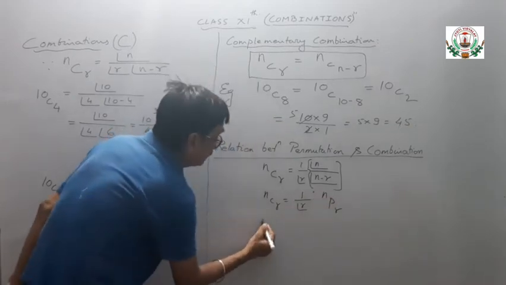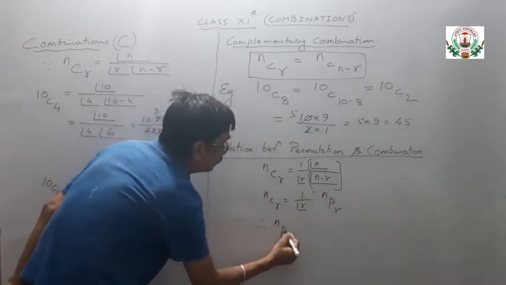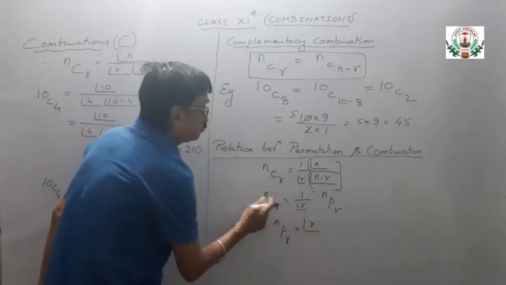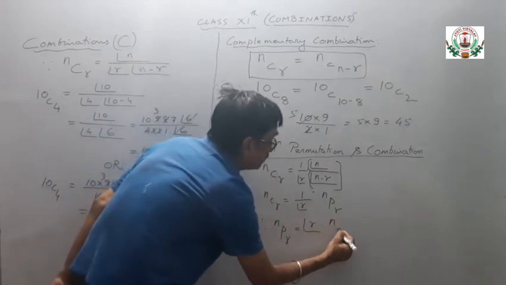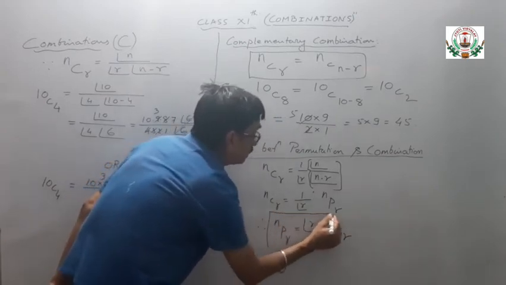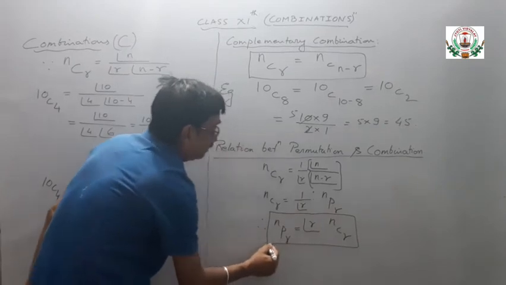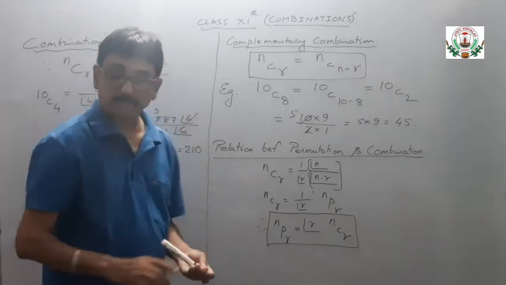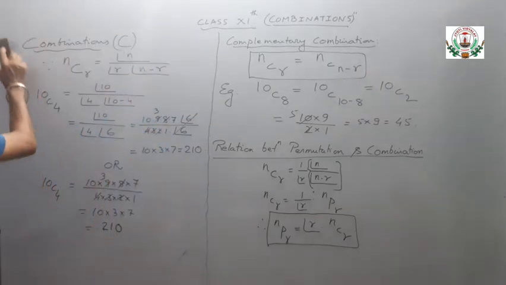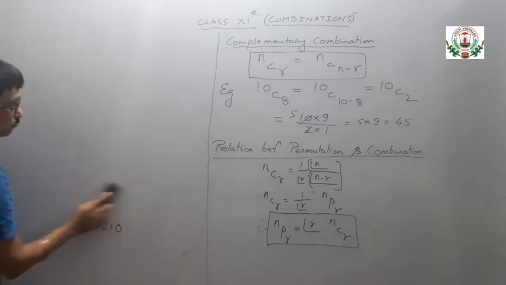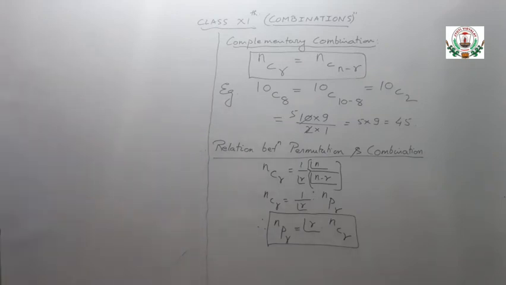So the relation between permutation and combination is, cross multiplying this factorial r with nCr, nPr equals factorial r into nCr. That is the relation between the permutation and the combination. Now let's move to our exercises. Before that, I will discuss one or two articles.